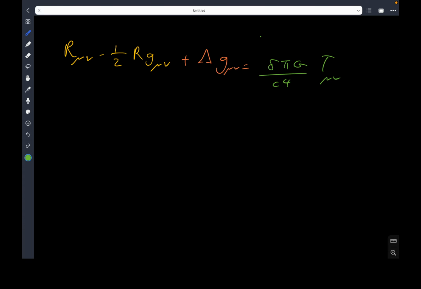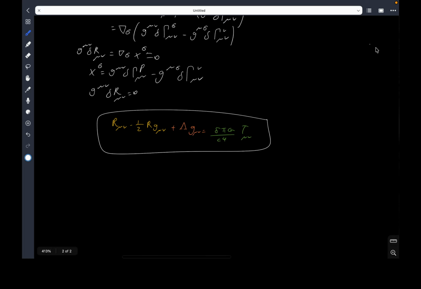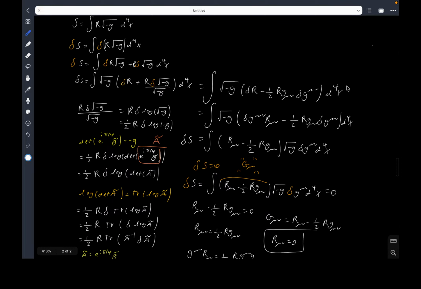Lambda is the cosmological constant, basically the simplest representation of vacuum energy and expansion of the universe. This is the Einstein tensor, which is the geometry of space-time. And when we set T mu nu equal to 0, which means that there is no energy and matter, and we set the cosmological constant equal to 0, we get R mu nu equal to 0 in 4-dimensional space-time. And that is the final form of our Einstein field equation, which was derived from the Einstein-Hilbert action.